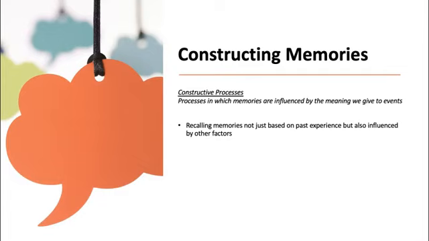It's affected not only by the actual event and the actual facts of what happened, but how we interpret it and how we feel about it, right? That's also playing into how we recall or remember that information. It's influenced by those things.